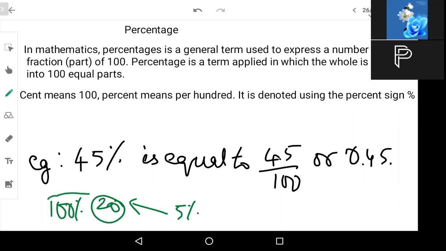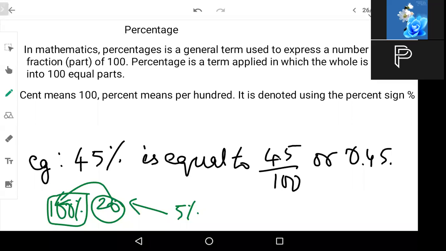It means it is the whole number. The whole 20 is considered as one number, and we imagine that 20 will be divided into 100 parts. Okay, if 20 is divided into 100 parts, now what will be the 5 parts of 20?